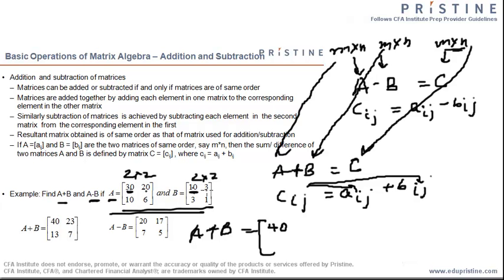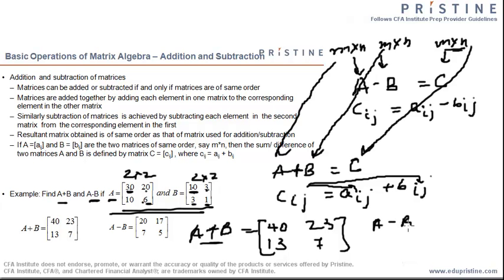Similarly 20 is added to 3 to yield 23, and 10 is added to 3 to yield 13, and 6 and 1 being corresponding elements in the two matrices are then added to yield 7. So this is A plus B matrix.